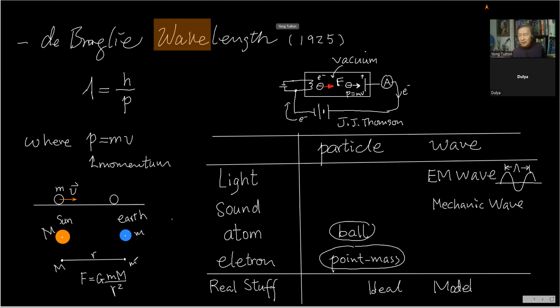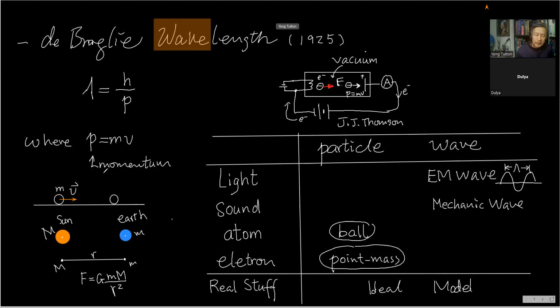We don't care about the diameter of the Sun or Earth. We don't consider whether the Sun is liquid or gas. We just consider it a mathematical point. So in this case, we also use a particle model, right? These point masses are all particle models.